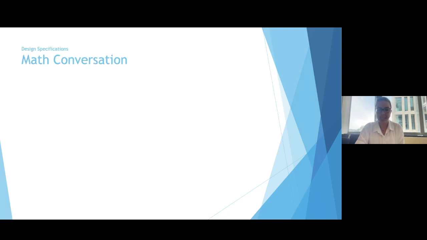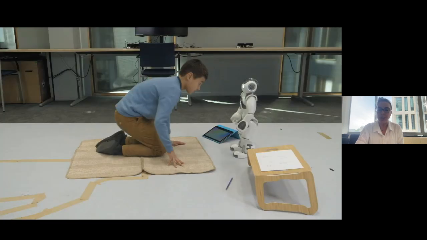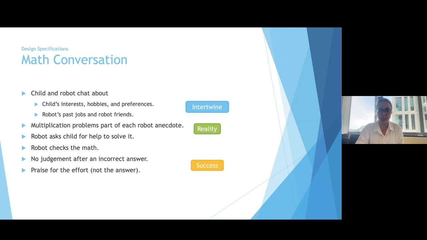Next slide, please. The basis of this interaction was the child and robot chat, where we were looking into the interests and the hobbies of the children. That's how we translated the intertwining part, and the robot shares insights and ideas about what the children liked and who the robotic friends were.